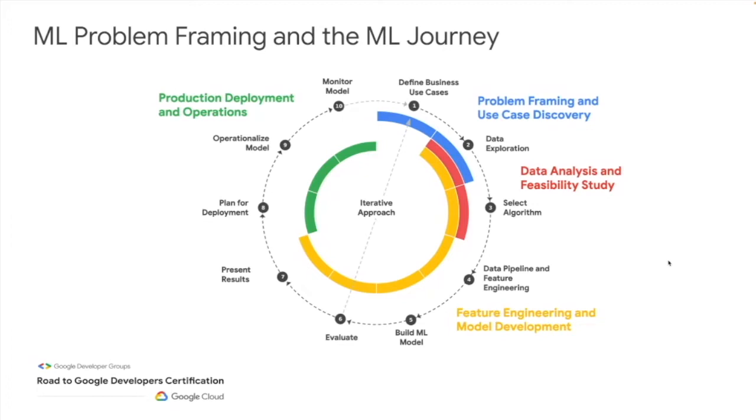So you decide then from the data exploration what algorithm you choose. And from the algorithm, you decide what kind of pipelines and features you need in order to build the model. And then, of course, you build the model. And once you've built the model, you evaluate it against the test data. And then maybe you iterate a couple of things, because you see the arrow going back to 1.